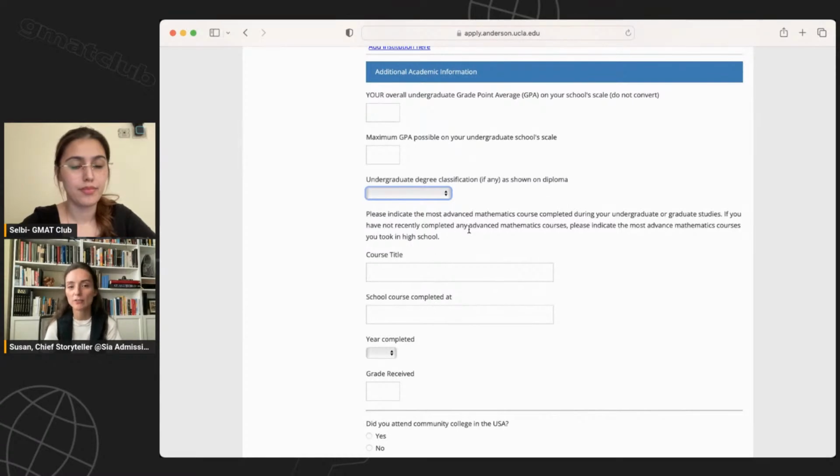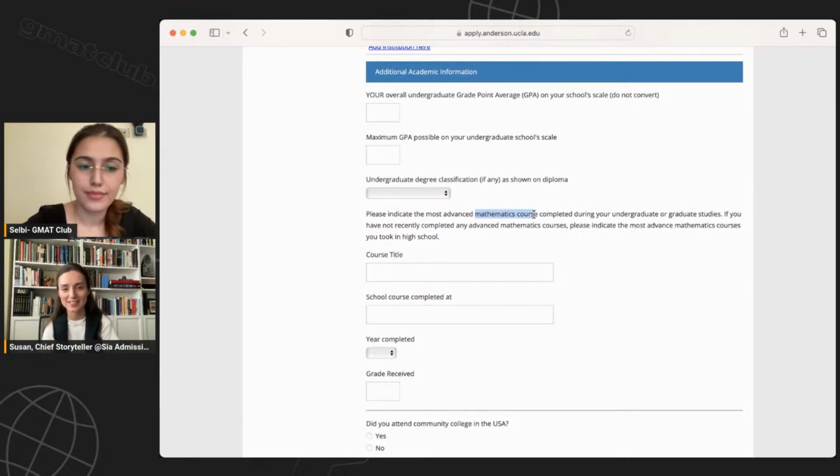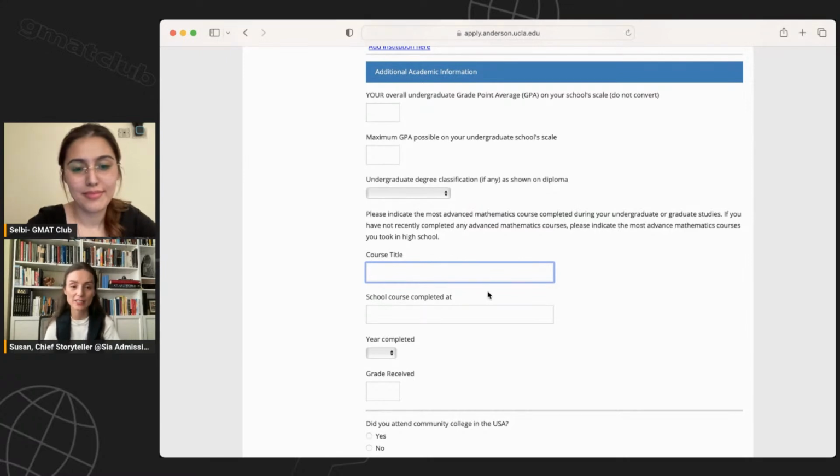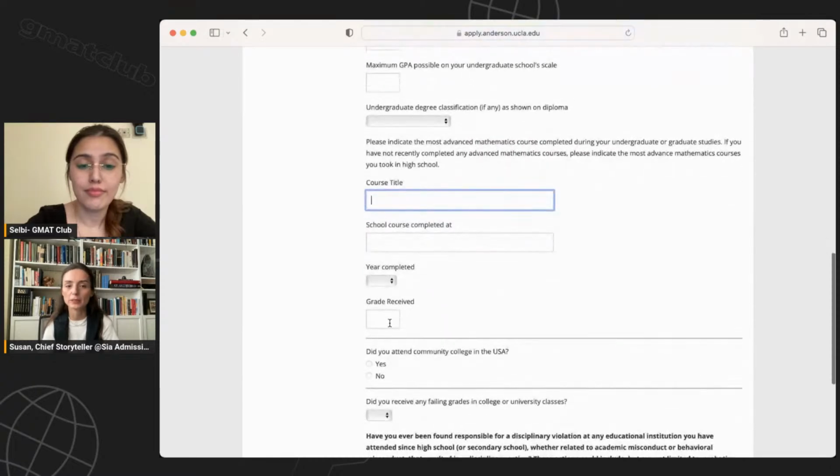Then they're also looking for you to share a few math classes. They still want to make sure that you'll be successful in your MBA classes. So here they ask for the most advanced class that you've taken, the course, which school you completed it at, the year that you completed it, and the grade that you received. Oh, interesting.